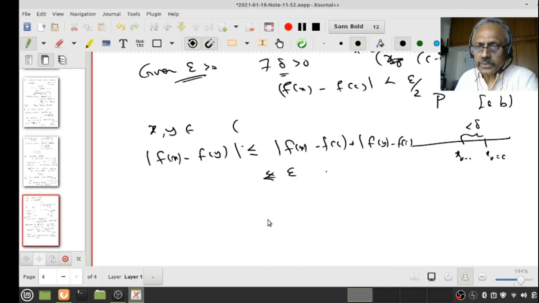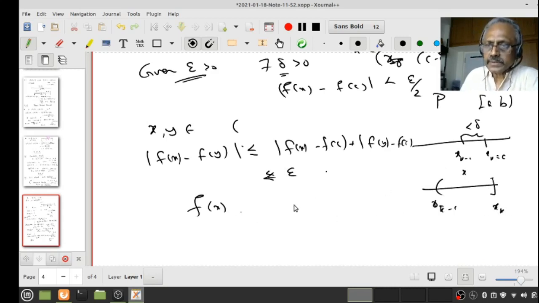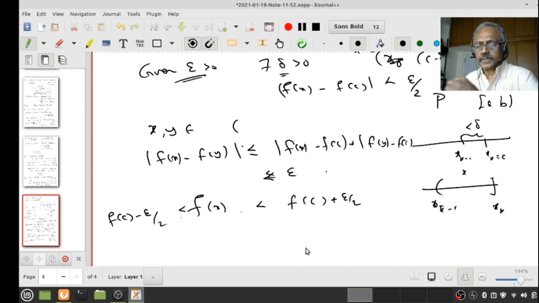If you want, you can also do it in a slightly different way. Therefore, for all x in the interval x(k minus 1) to xk, for all x here, f(x), what do I know, is greater than f(c) minus epsilon by 2 and less than f(c) plus epsilon by 2. I made it epsilon by 2.